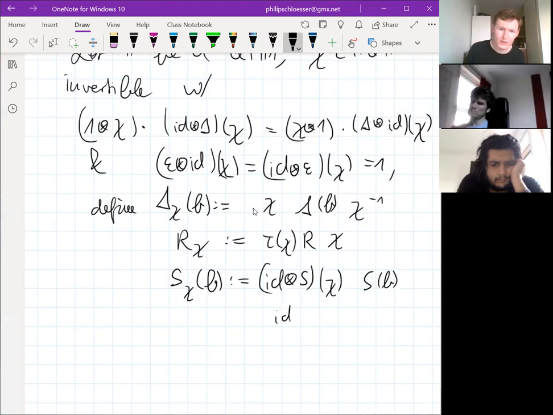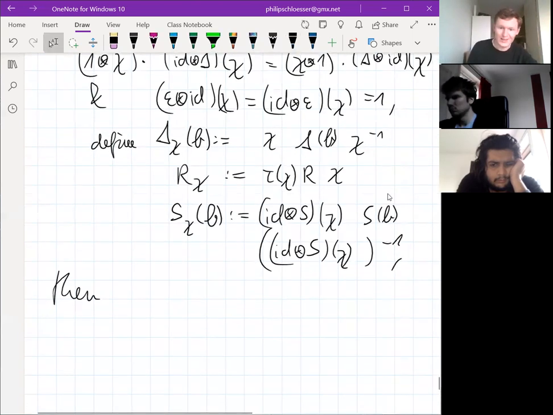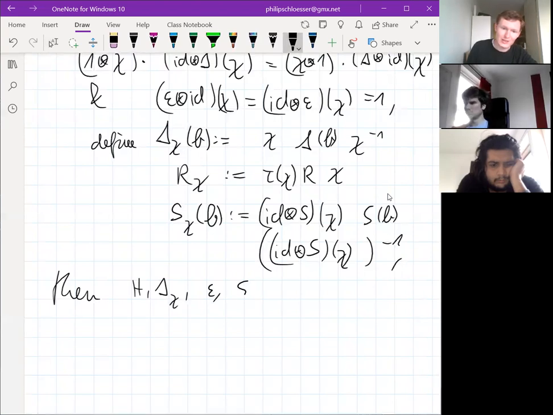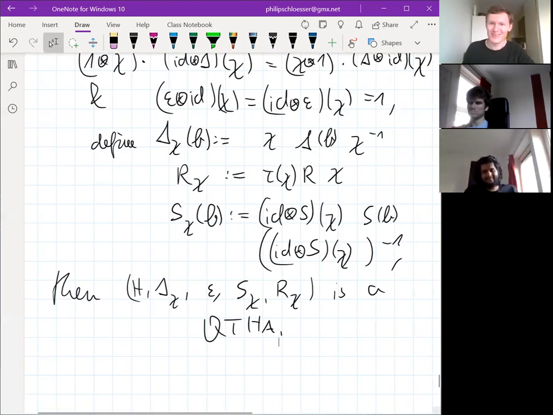So let's do that, but then also conjugate with that. This whole stuff is just constructed in such a way that H, delta chi, epsilon, S chi, R chi is also a QTHA. And that was my last lecture of forbidden maths, I suppose.